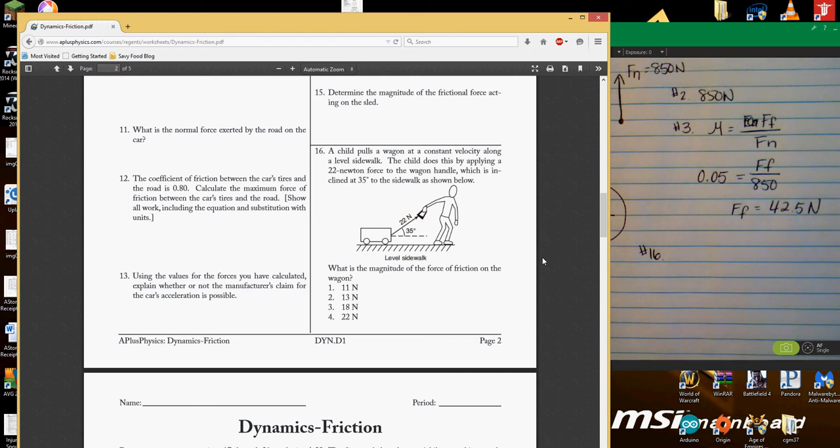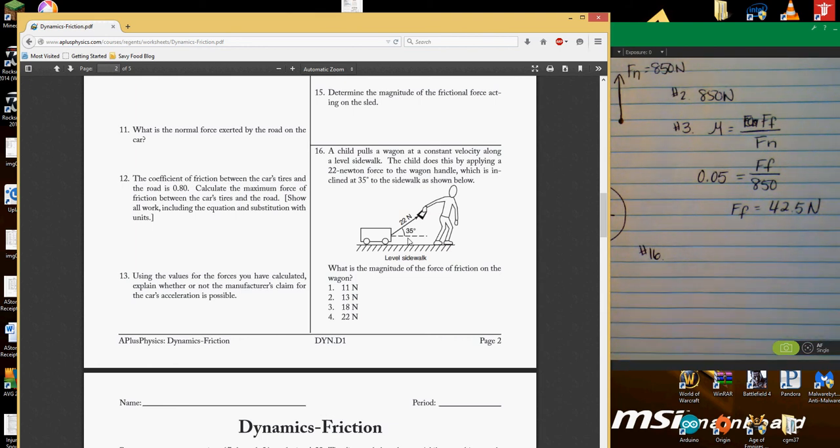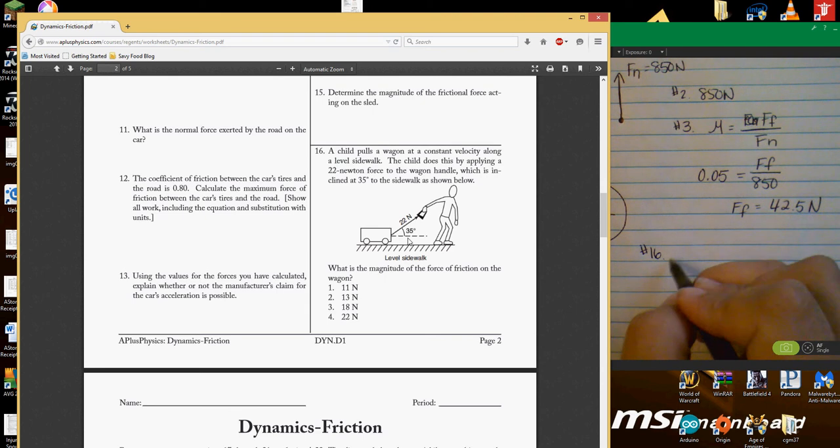So we're looking at the force of friction that is on the wagon. So that means we're looking for this force of friction in the x direction. So if we're looking for the x direction, it's almost exactly like what we've done before, dealing with projectiles, right?